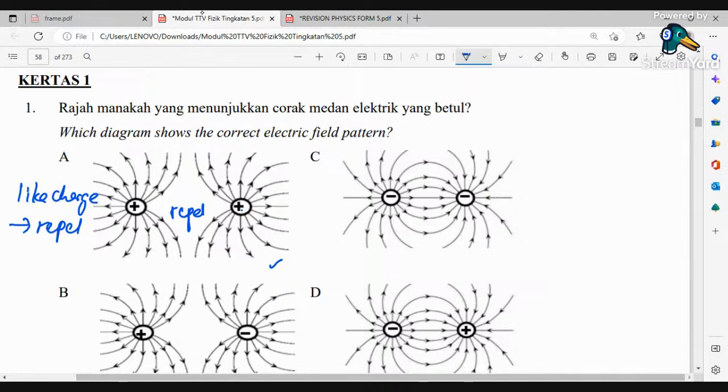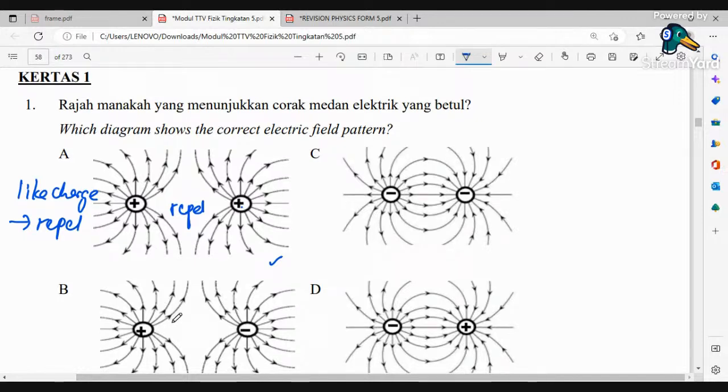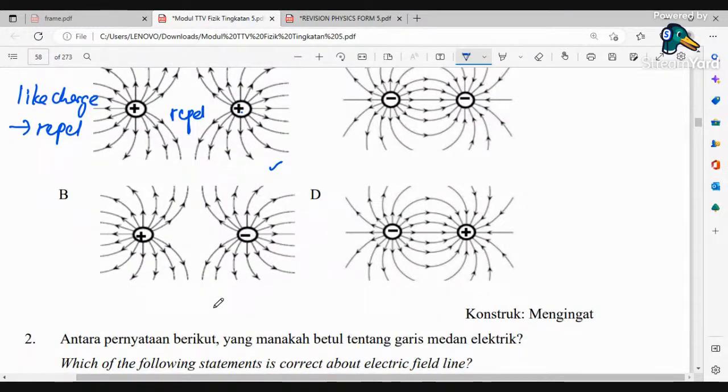B, what is wrong with B? Kalau B, this one is correct, positive out, but this one is wrong. Directions should be in, not out.